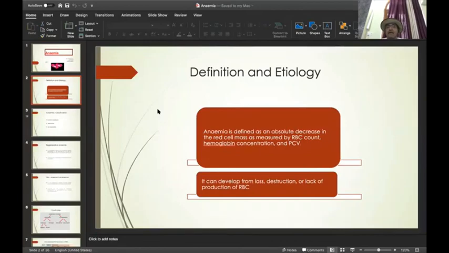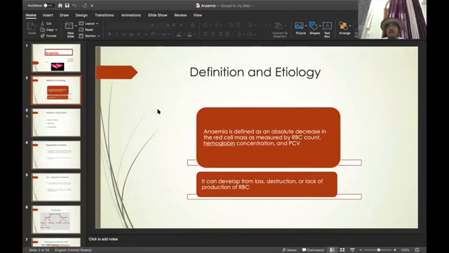As we all know, the RBC is formed in a very important organ of the body. Where is the RBC formed? Bone marrow. Only in bone marrow, or is there any other organ where RBC is formed? Kidney.